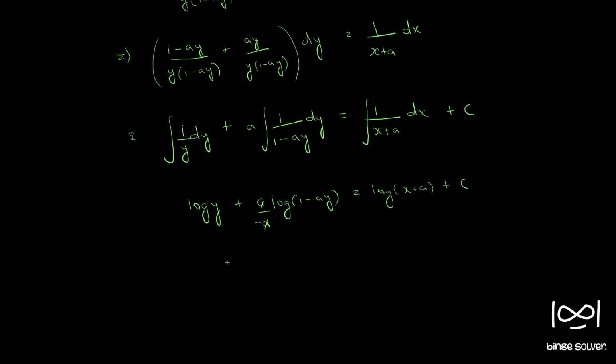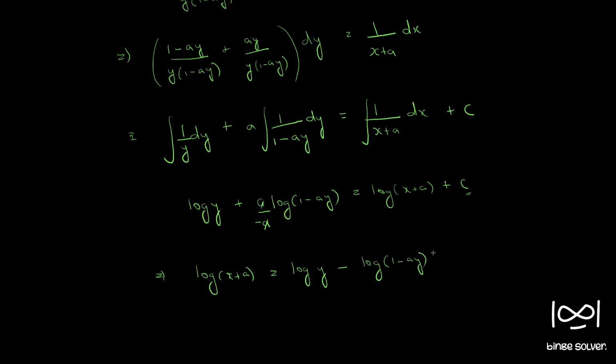So we can group. This c is a constant, so for simplicity this becomes log of x plus a is equal to, we'll club all these terms together, this is minus, so log y minus log of 1 minus ay.